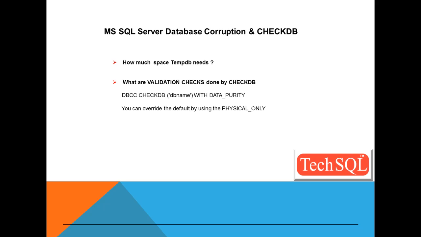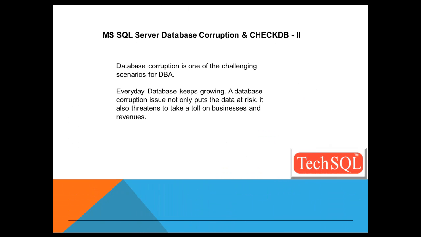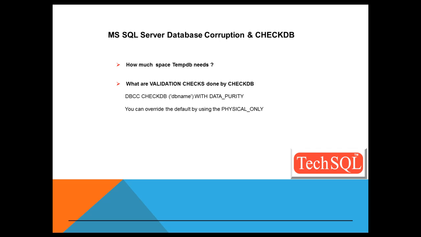So let's start with one of the frequently asked questions: how much space we need in TempDB to run CheckDB. It's kind of difficult to estimate, but there are ways we can do that.